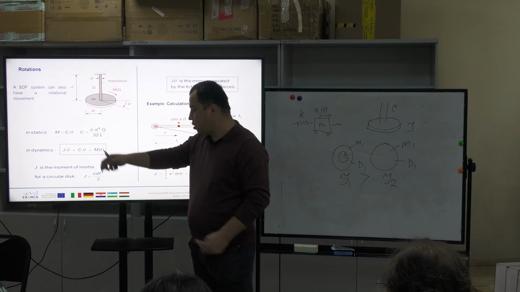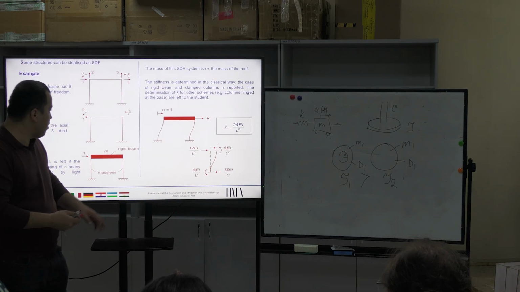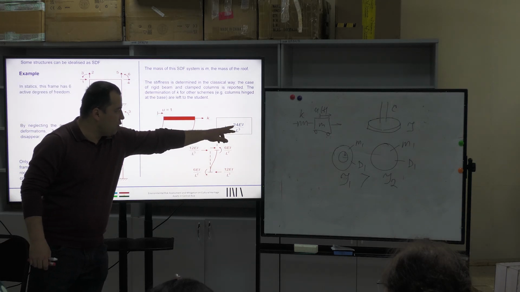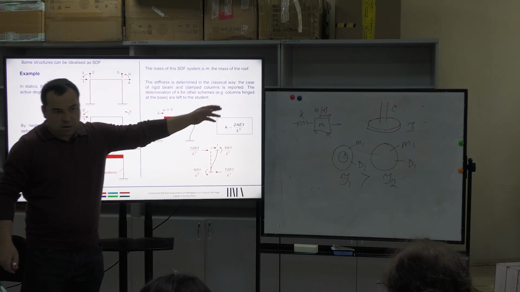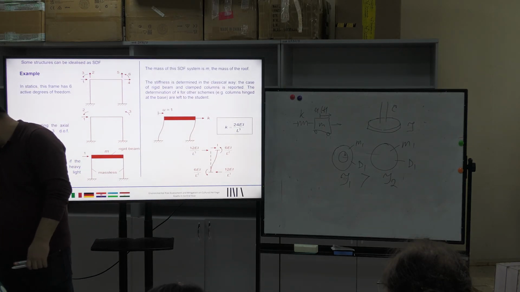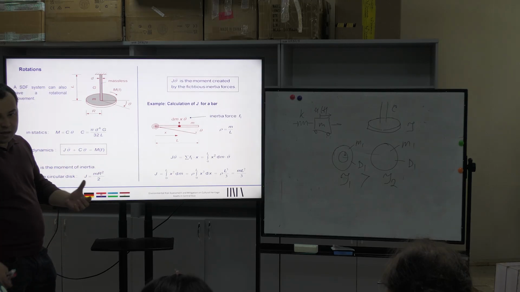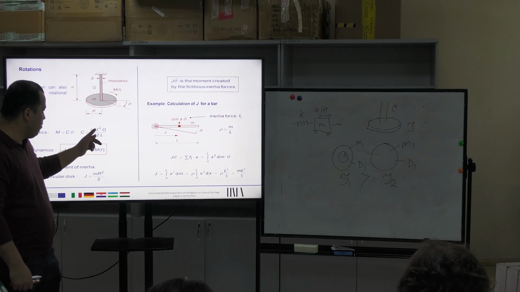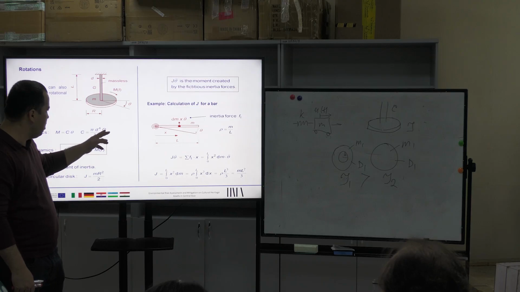If we look in previous slide, K was equal to, for this type of spring, 24 Young modulus product inertia divided by L cubed. In the next case, for the torsional case, C instead of K. This is equal to C, pi product disk diameter to the power of 4, product G, divided by 32L.